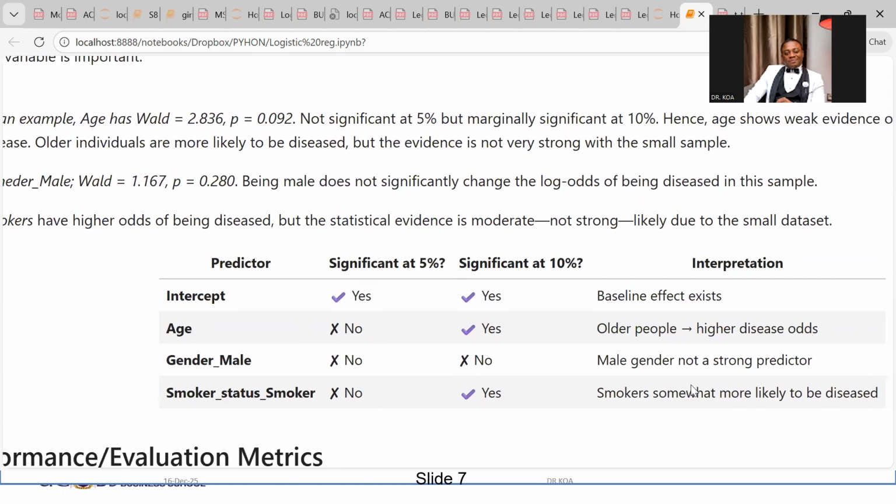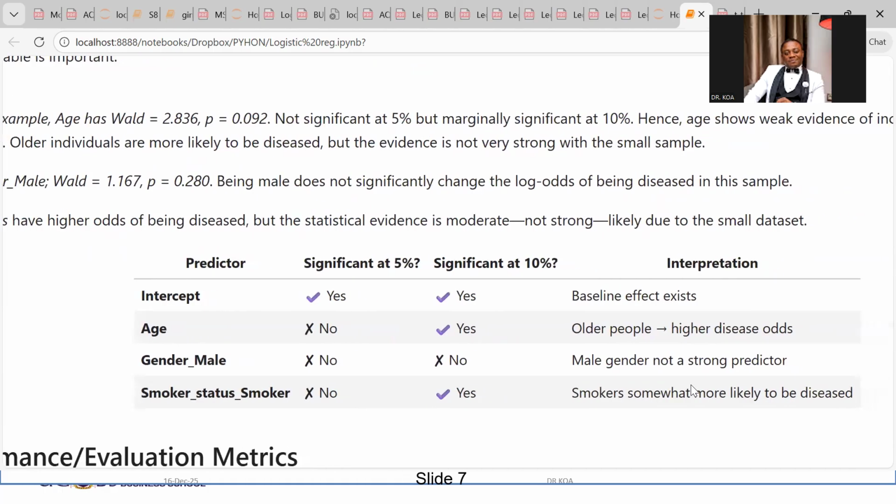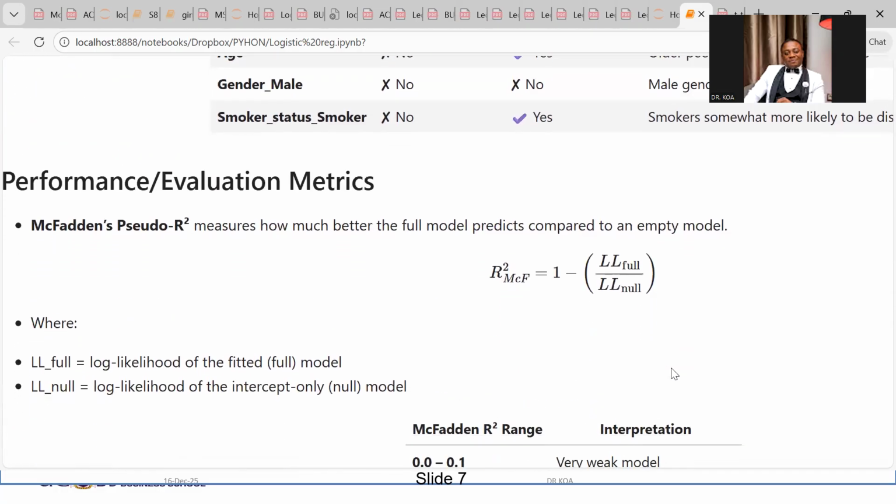So smokers, somewhat, because it was close to 10%, are more likely to be diseased. And then being male is a predictor, but not a strong predictor of being diseased. So this is key. This is how you interpret your model.